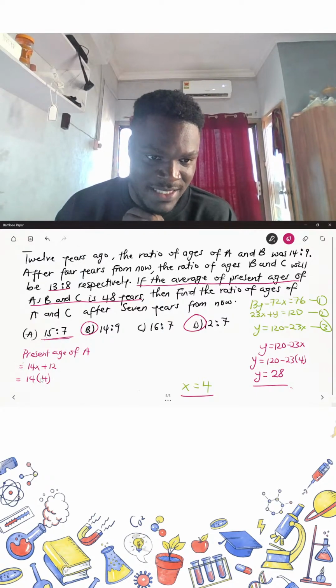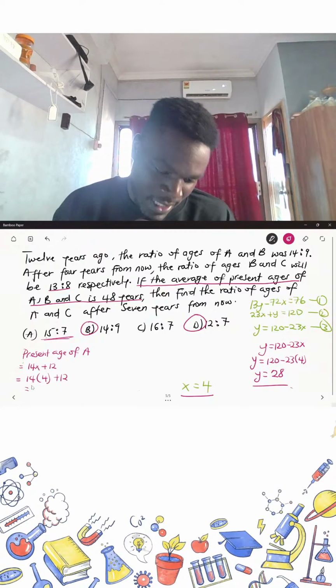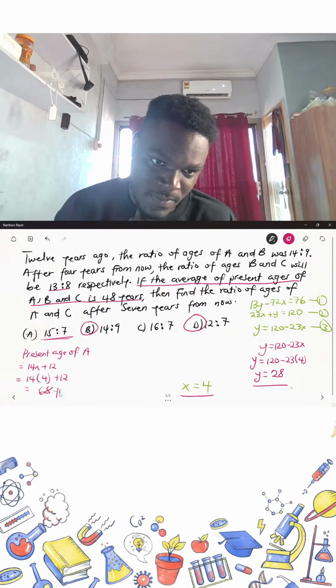It will be 14x, which is 14 multiplied by 4 plus 12. And then 14 multiplied by 4 will give us, sorry, 56. So 56 plus this will give us 68 years.